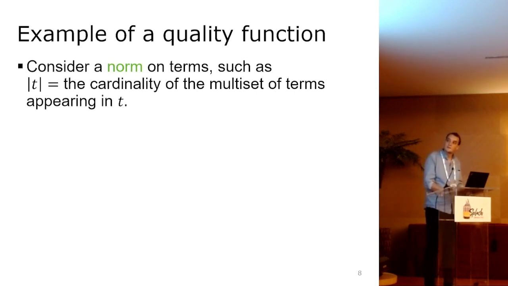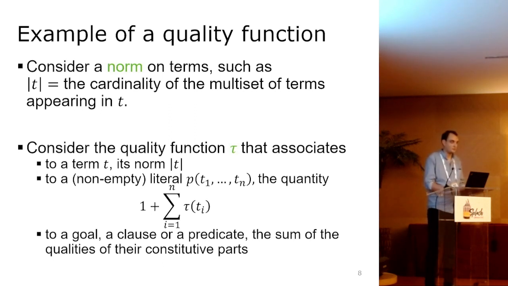In this case, we define the size of a term as the cardinality of the multiset of terms that appear in it. So if a term has a lot of imbricated functors, then it has a higher norm. And based on this norm, we can define the quality function, which we'll call tau here, which is one instance of the omega function that we discussed before.